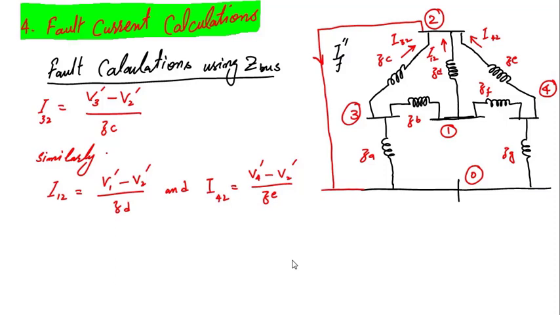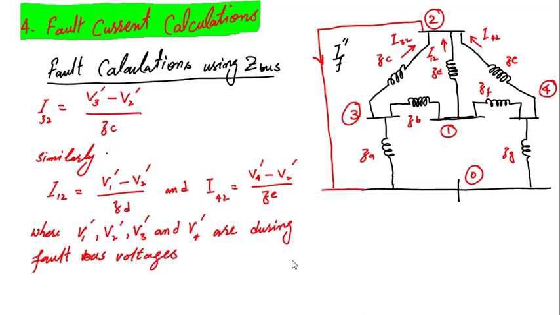Here we can see a prime over all these voltages, because these voltages V1, V2, V3, V4 are different from the pre-fault voltages; these are the during-fault voltages. So V1 prime, V2 prime, V3 prime and V4 prime are during-fault voltages.